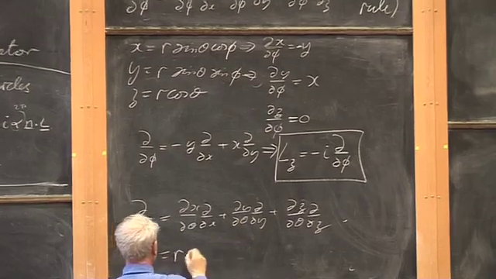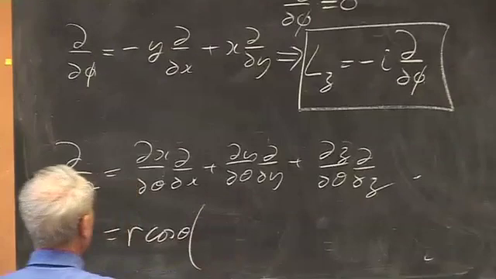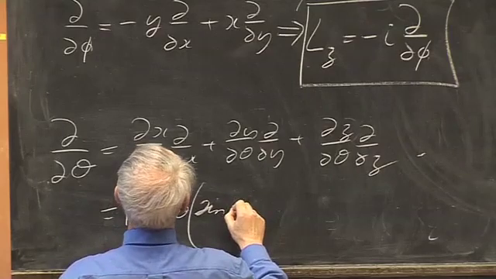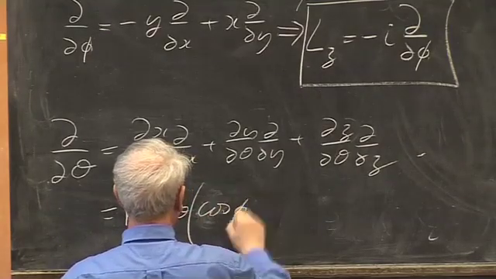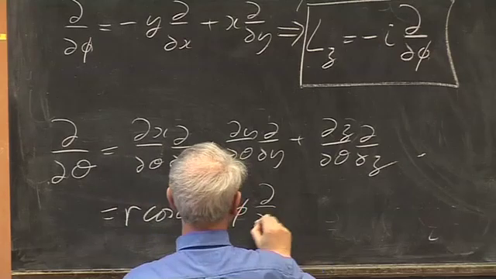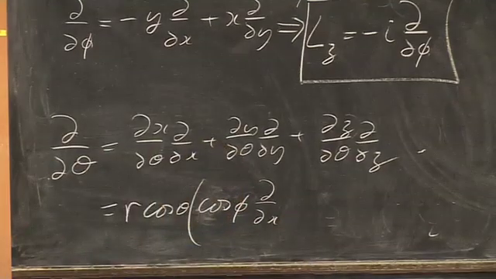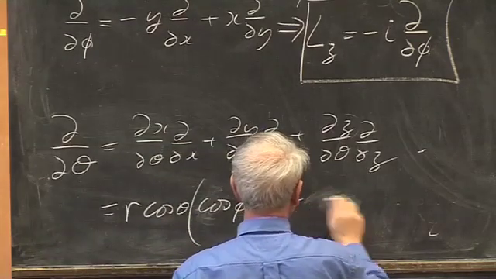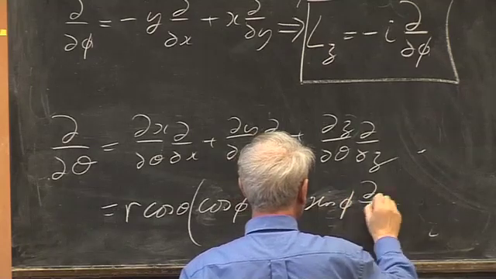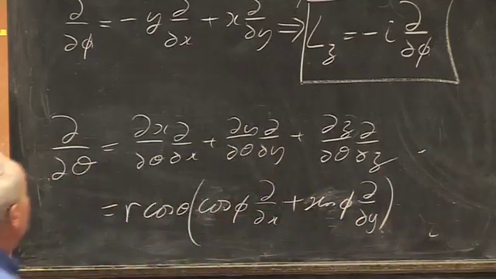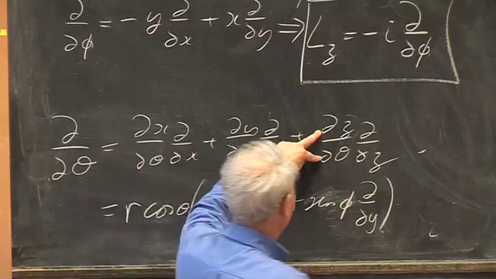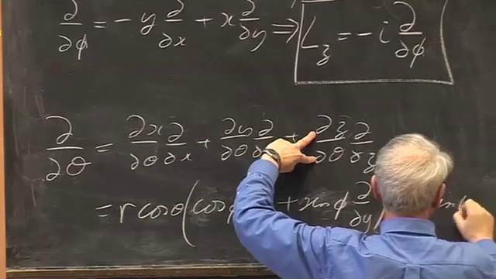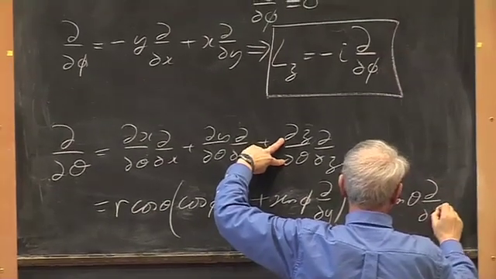So with a common factor of r cos theta, open a bracket, we will be able to write down cos phi d by dx plus sin phi d by dy. And then finally we have dz by d theta, which is going to be minus r sin theta d by dz, because we're differentiating cos.